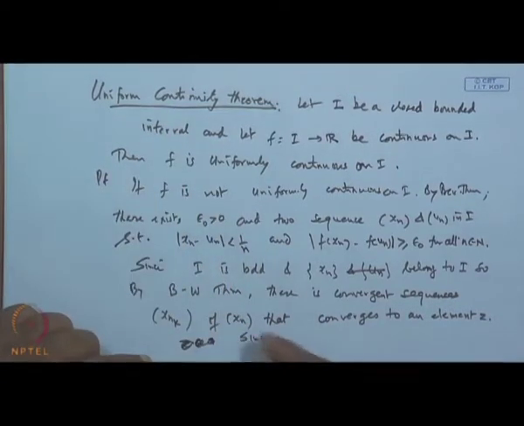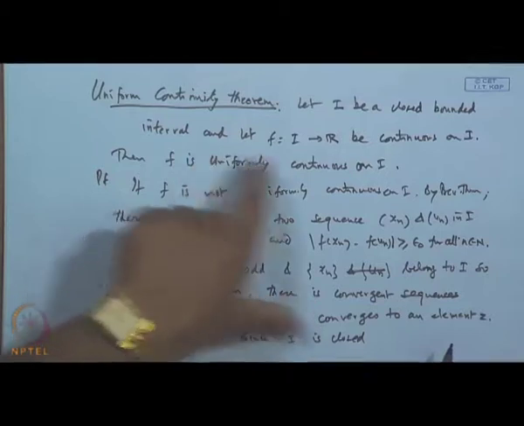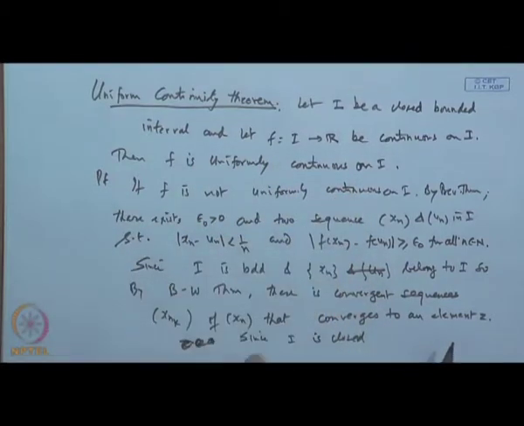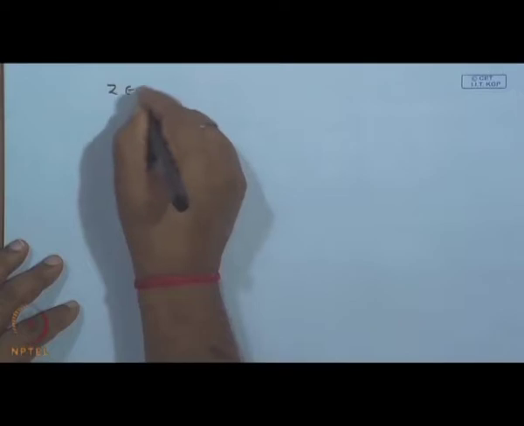Since I is closed, all the limit points of a sequence in I must be points in I. Also, all the terms x_{n_k} lie between the lower and upper bound of this interval, so by the Sandwich theorem, the limit of this sequence must be a point in I. Since I is closed, the limit point z belongs to I.